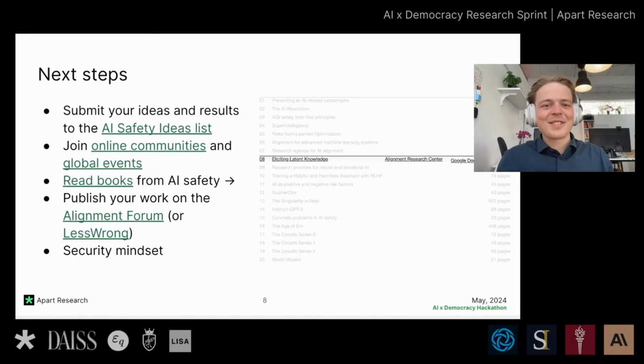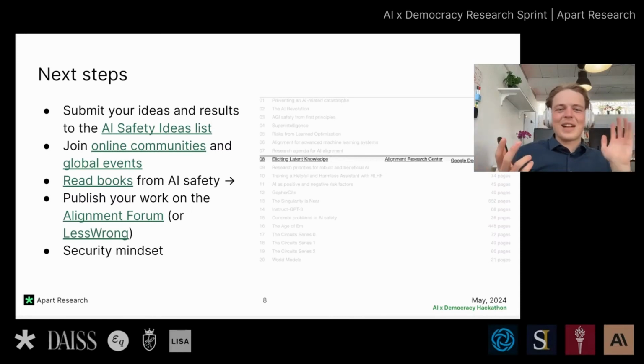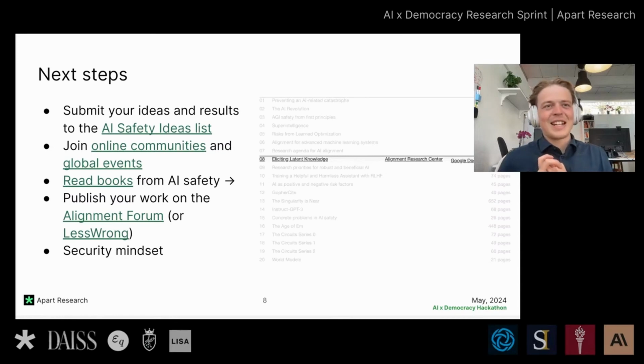And then on readingwhatwecan.com, there are a few lists of AI safety readings that you can check out if you want first-hand inspiration for what to read next in a listed format. And of course, maybe it's valuable to publish your work on forums online, such as Alignment Forum or Less Wrong Forum.